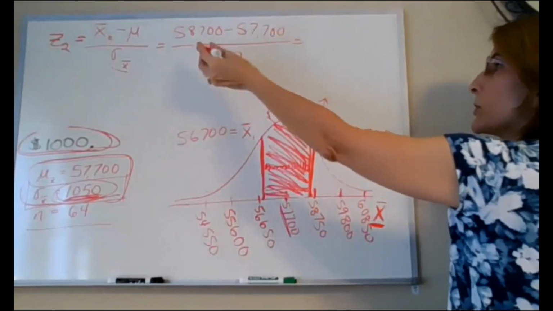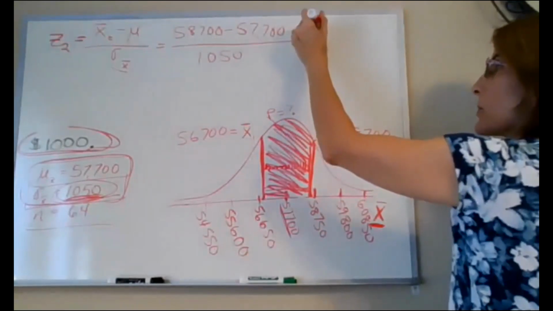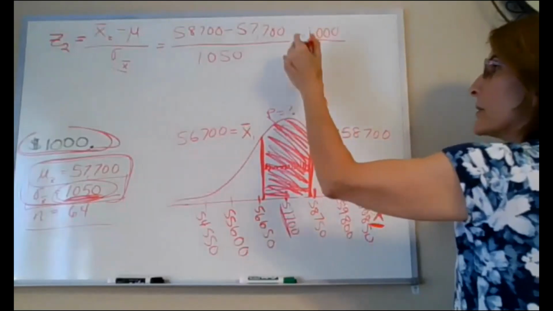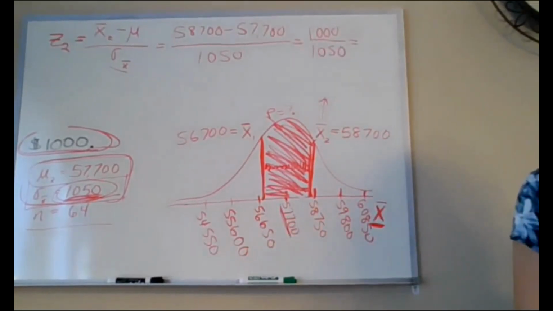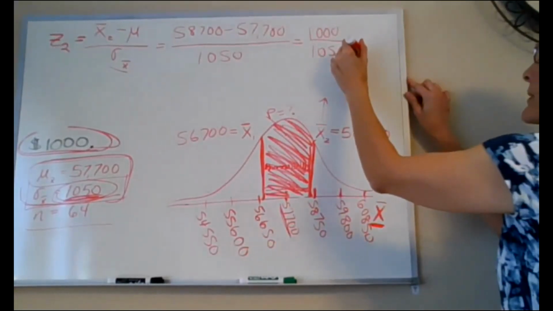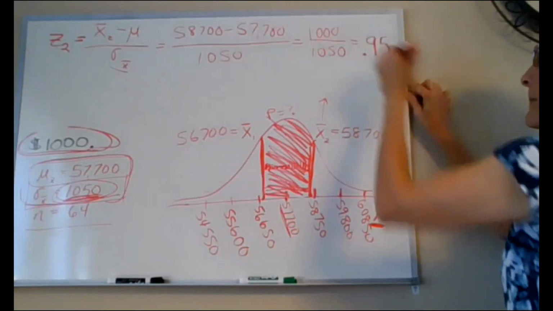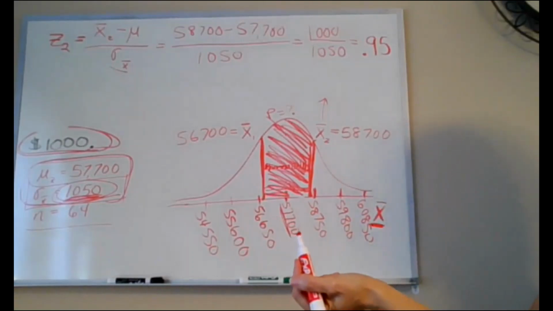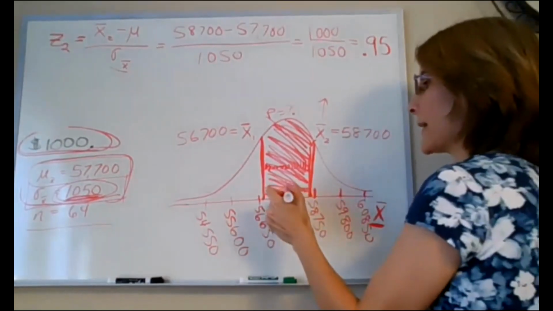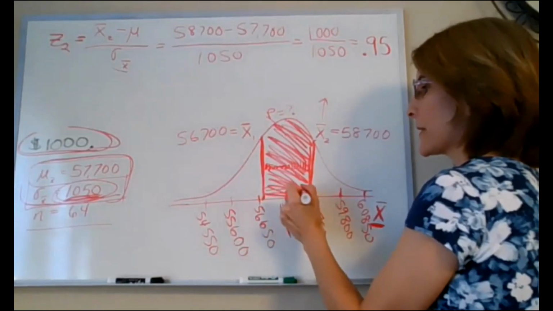This is going to equal, when you subtract these, not surprisingly, you're going to get 1,000. And then the final calculation is 0.95. When you are looking at sampling error, you're always looking at the deviation from the mean, from the center.